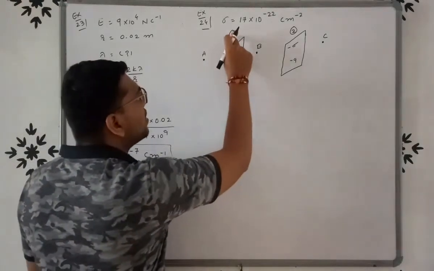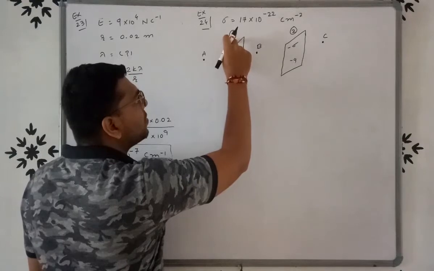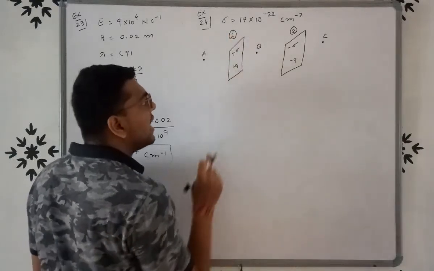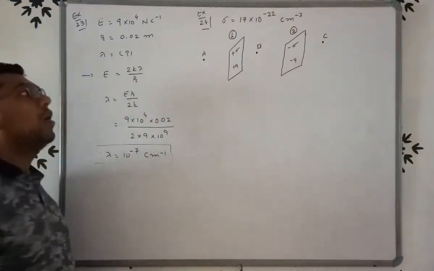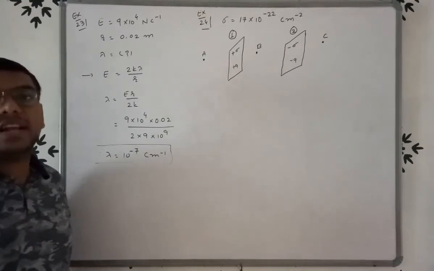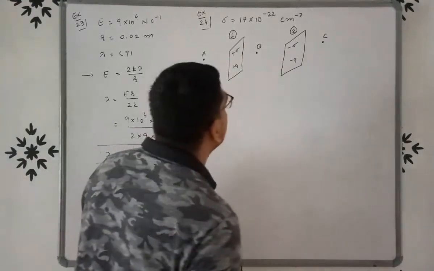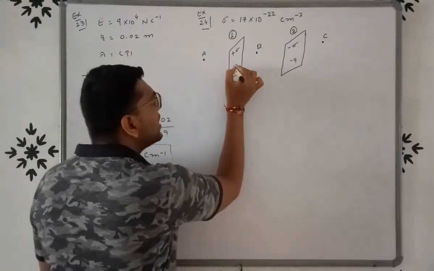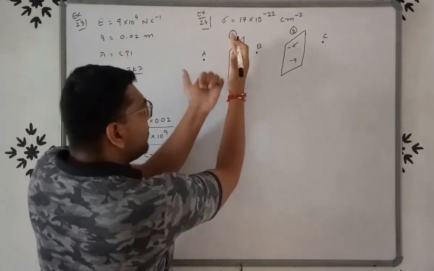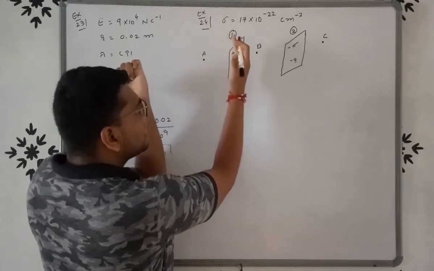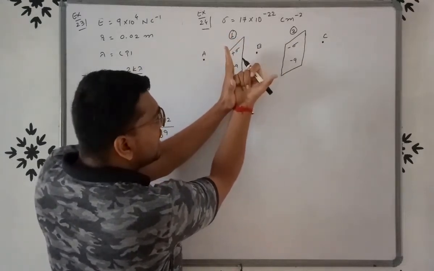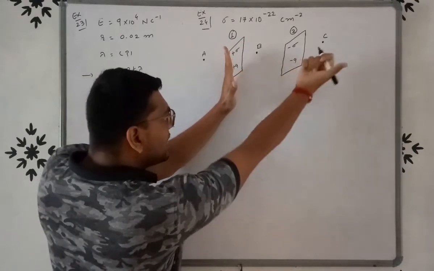So here see, for plate 1, there is a positive charge, so the direction of electric field due to positive charge is outward. So here there is plus Q charge, so the electric field is outward, like this. And on the right hand side the electric field is in outward direction, like this.